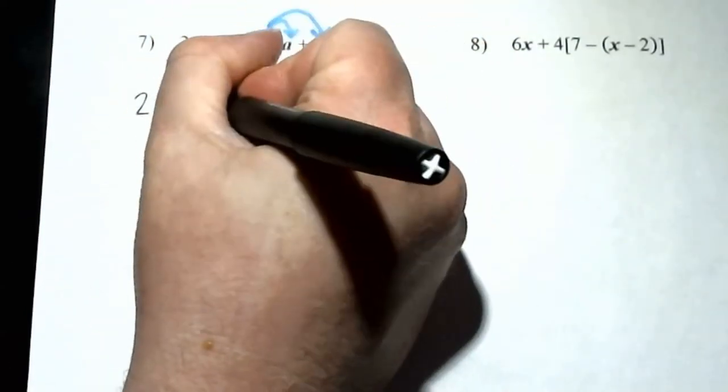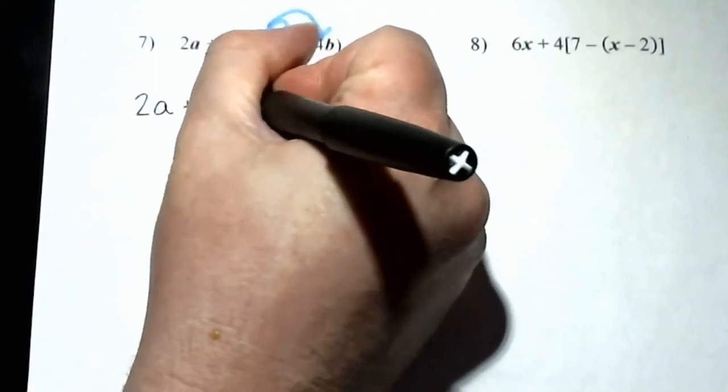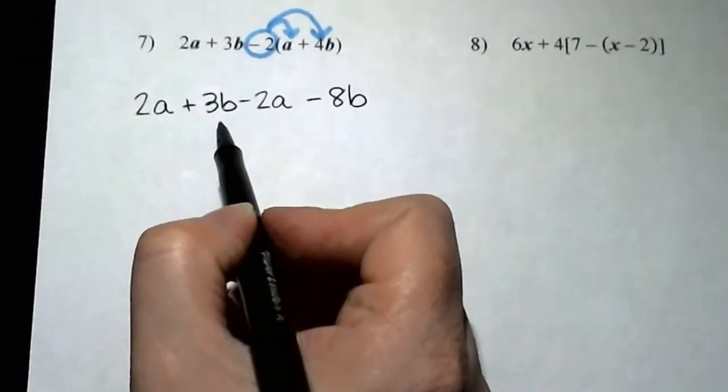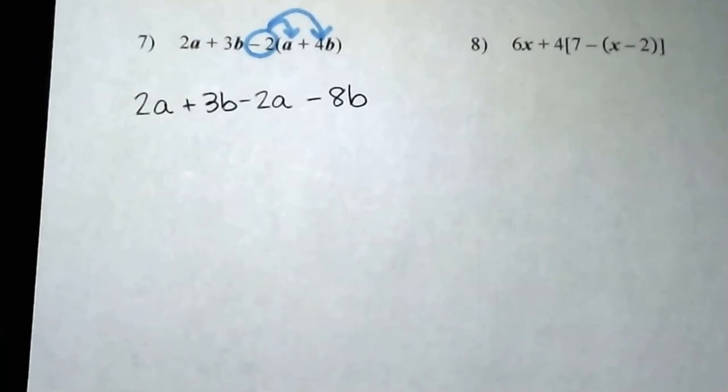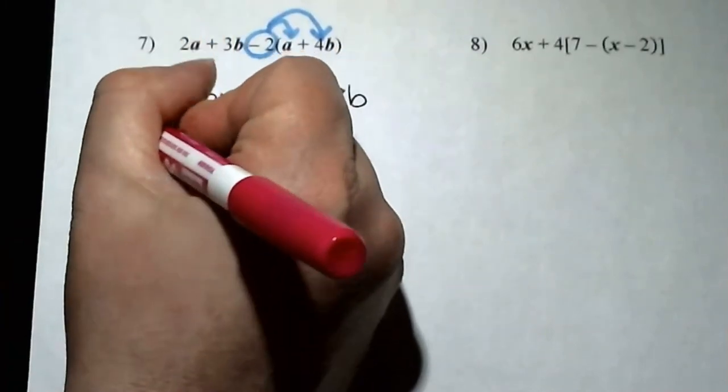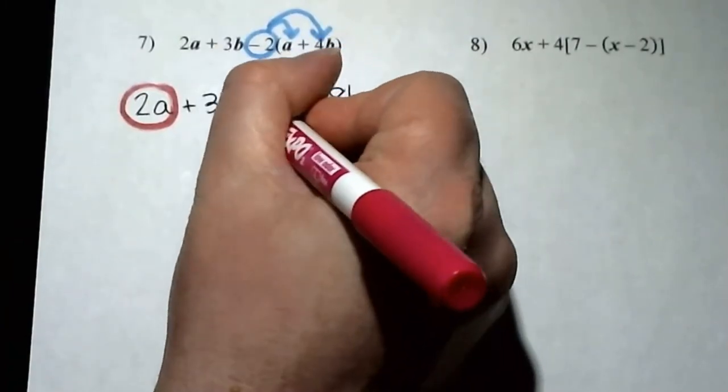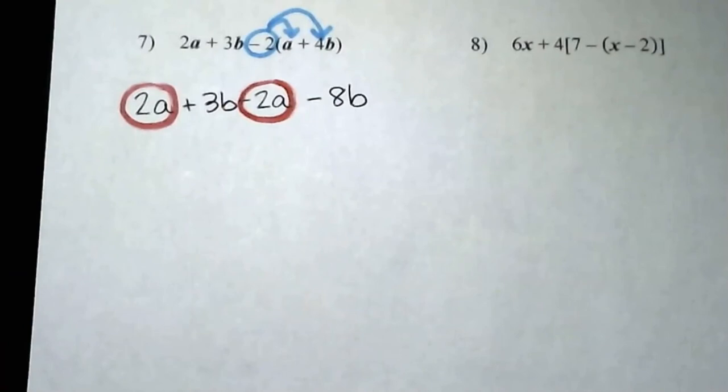So 2A plus 3B is being brought down. And then we're going to take another look and see if we can combine anything. I see an A term here and an A term here. 2A minus 2A is 0A.